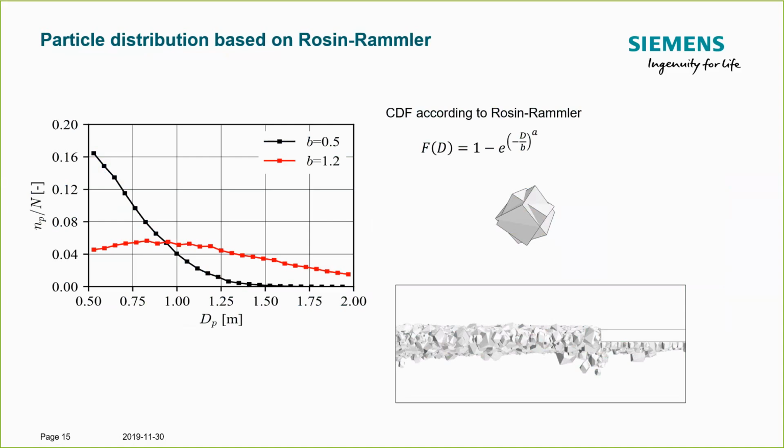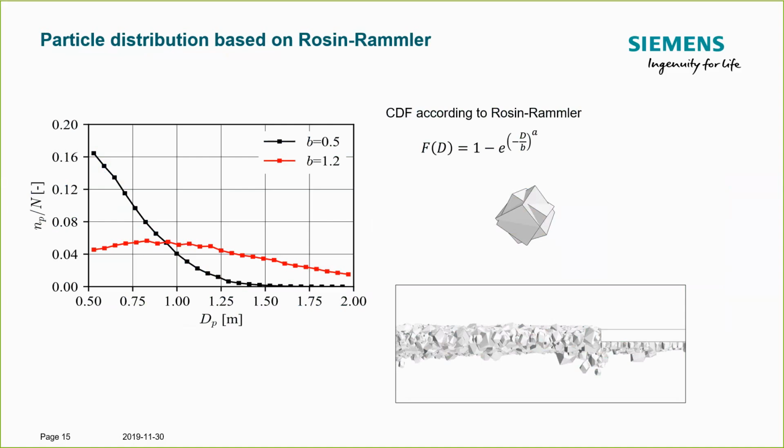We'll here resort to the community CDF of Rose and Rammler, which also stems from rock dynamics and granular flows, which is very suitable to model the conditions that we'll encounter for brash ice.